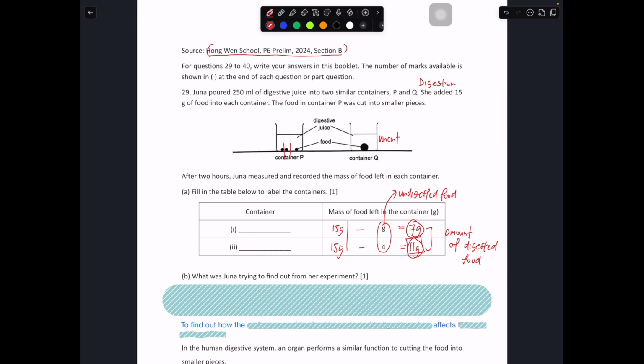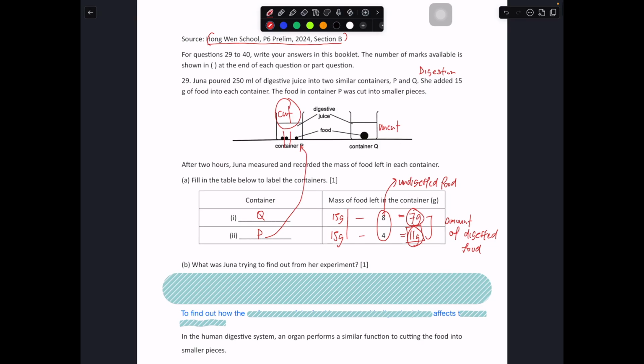So which one will digest faster, the one that is cut or uncut? Obviously, it will be the one that is cut. It will digest faster. So here will be for P, here will be Q. Cut will digest faster. Why in this case? Because you have more surface area in contact with the digestive juices, so you will digest faster.